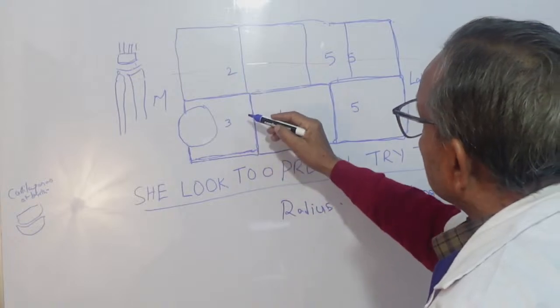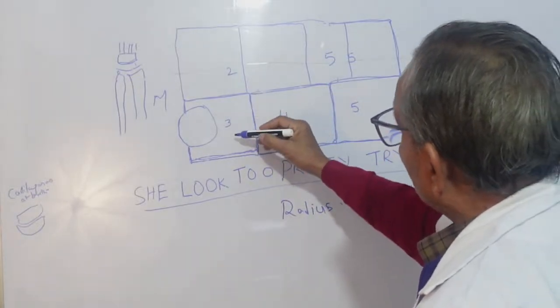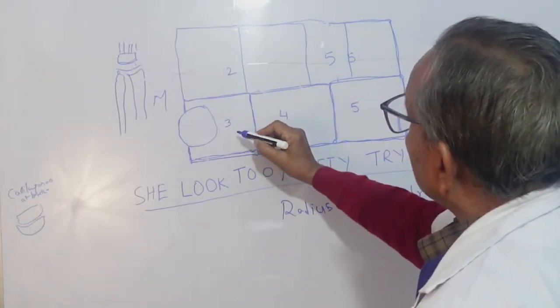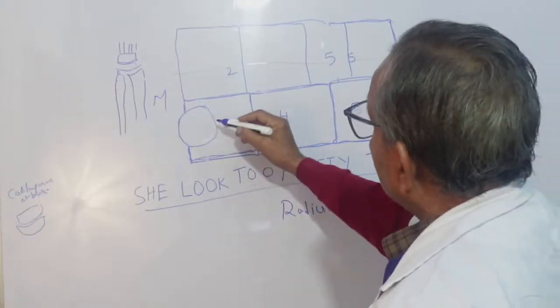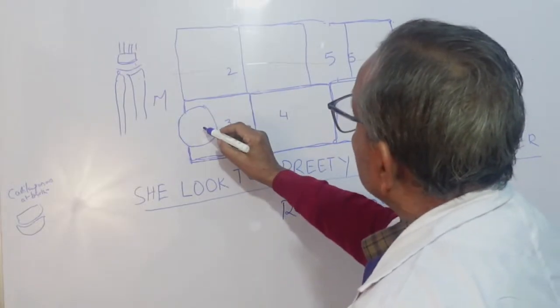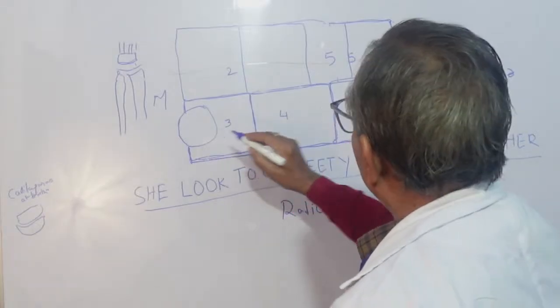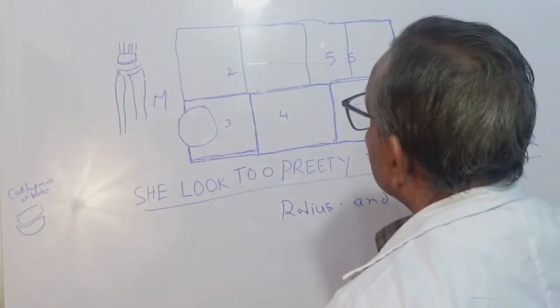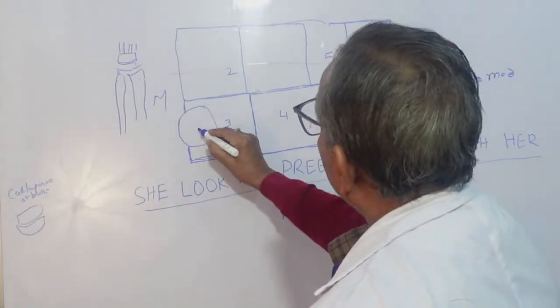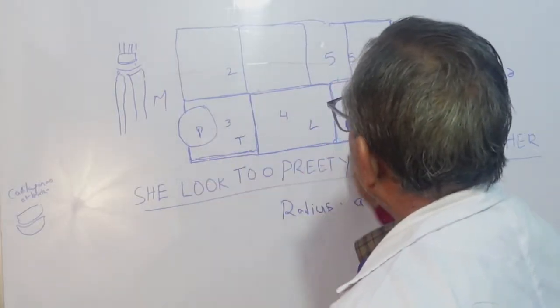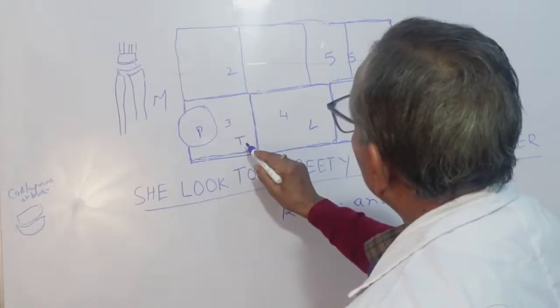Then the third, too means triquetrum, and pretty, P means pisiform. S L T P. She looks too pretty.